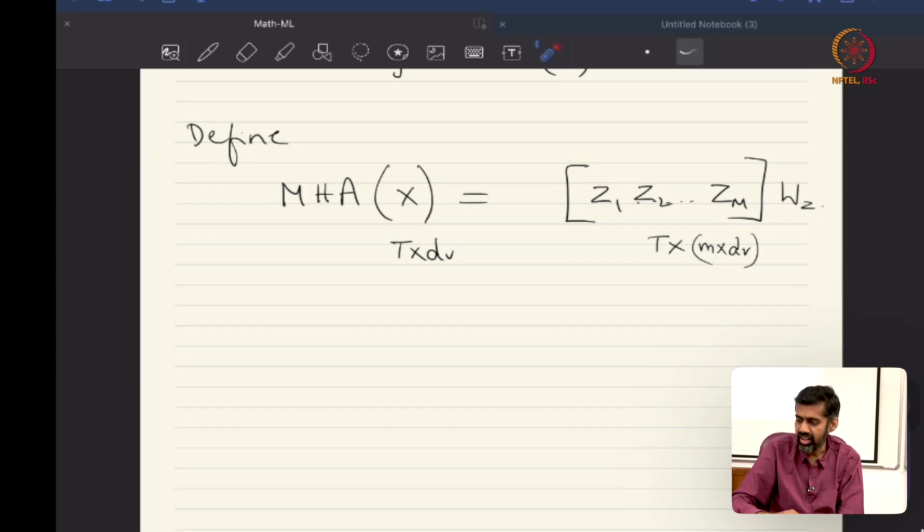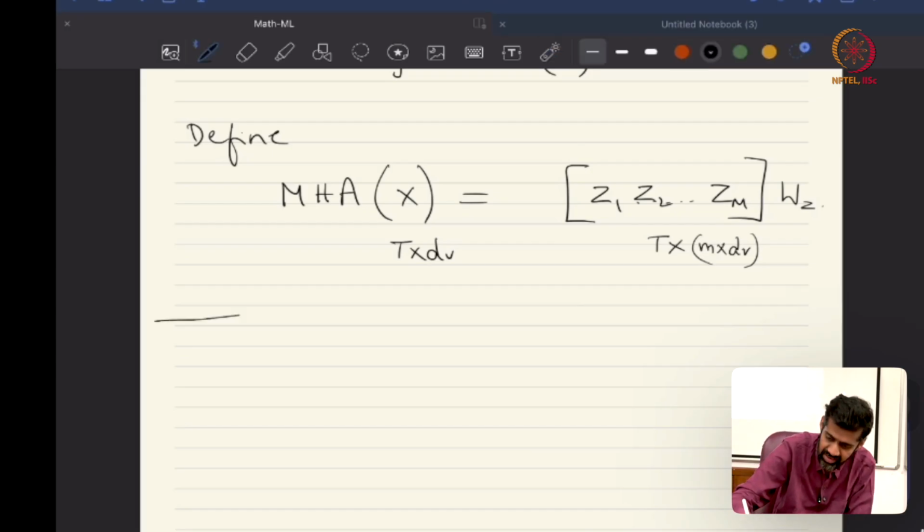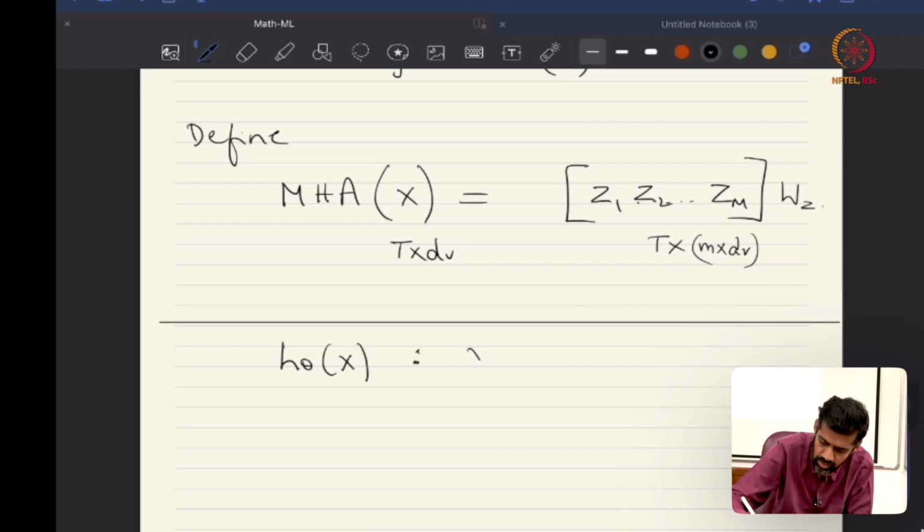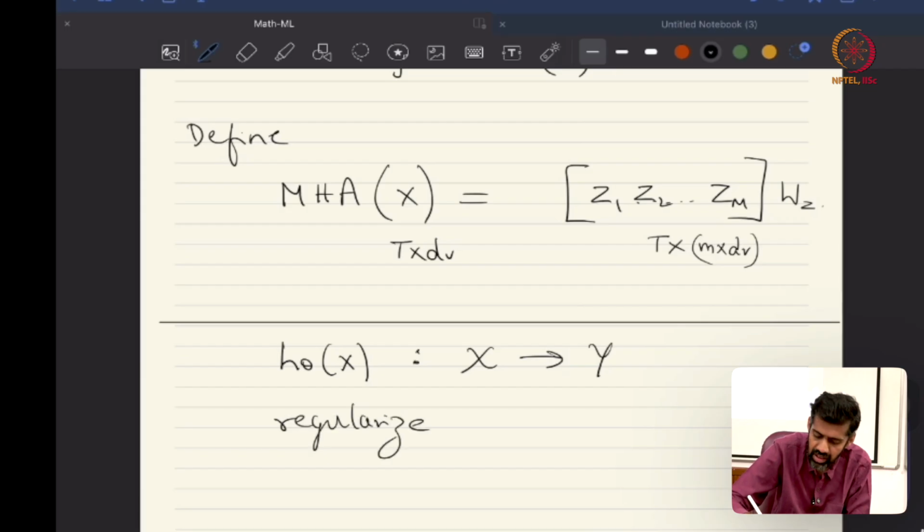So finally, there is one other type of regularization that is done. See, so far, the regularizers that we have imposed are on the parameters of the hypothesis, isn't it? Which means you have a function h theta of x, the hypothesis that we were considering, which is a function from x to y, and we were regularizing theta.